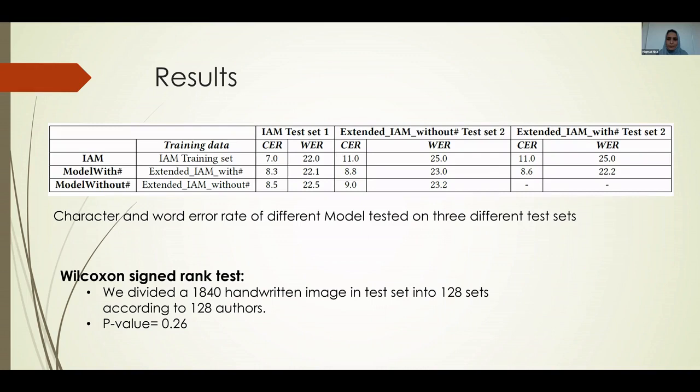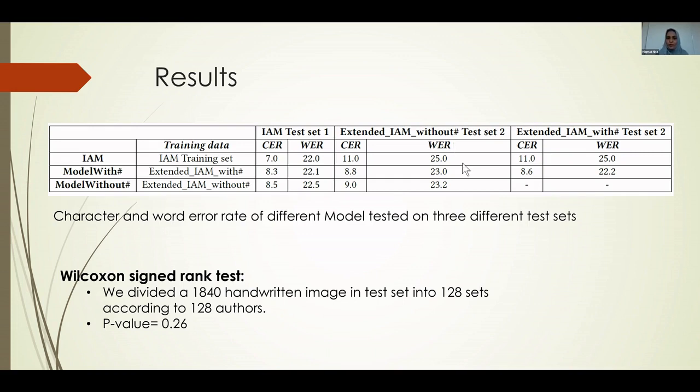But to check whether the difference is statistically significant or not, we performed a statistical test. There were a total of 1840 handwritten images involved in the test set, and these images are written by 128 authors.